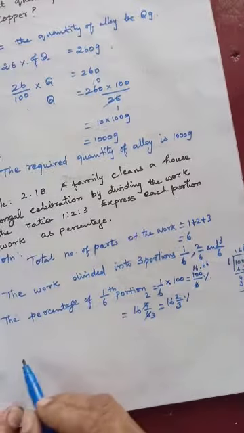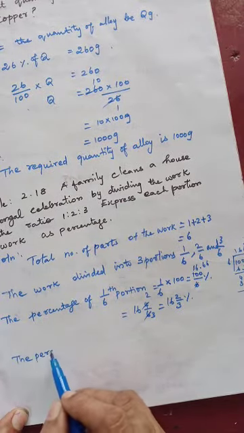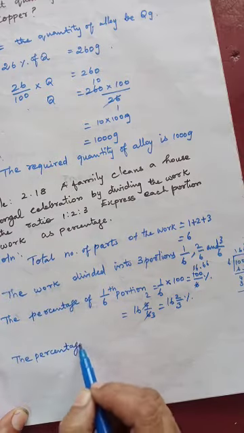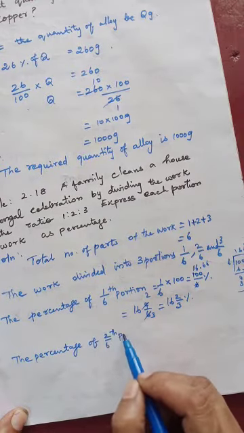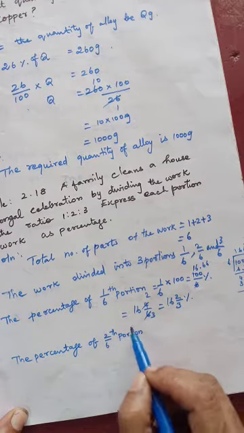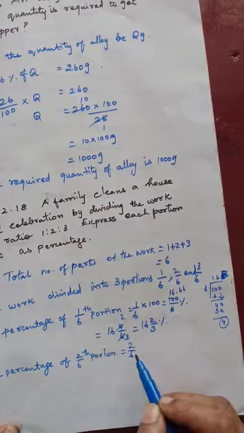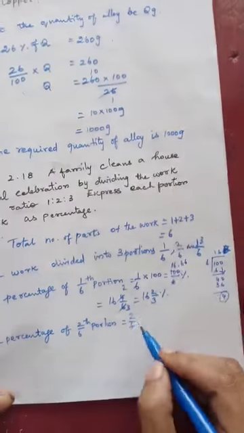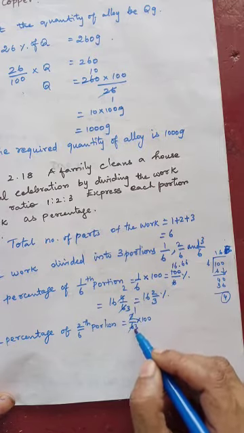Okay. Then the second one, the percentage of 2 by 6th portion is equal to 2 by 6 into 100. And you can cancel 2 times 1 and 2 times 3.